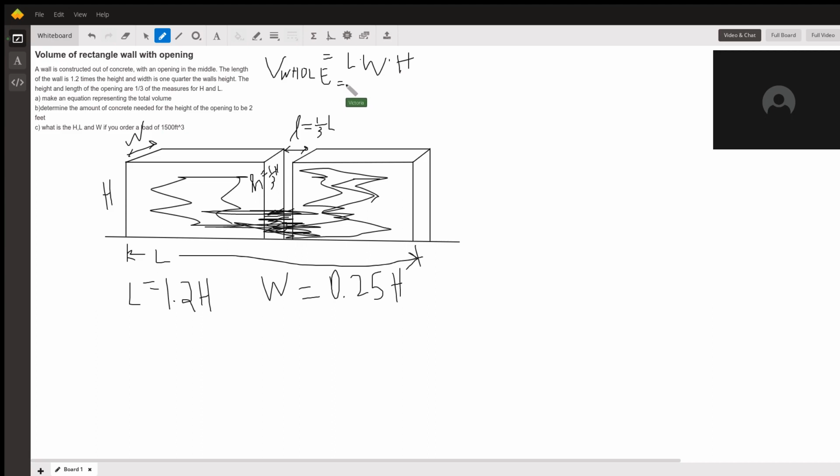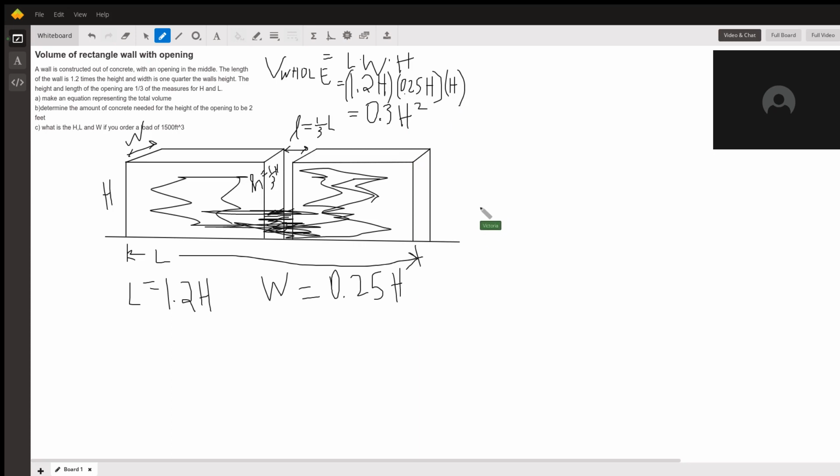Our length is 1.2 times the height, our width is 0.25 times our height, and our height is just our height. So that's the whole thing if we didn't have an opening. We can simplify that: 1.2 times 0.25 is 0.3, and h times h times h is h cubed.